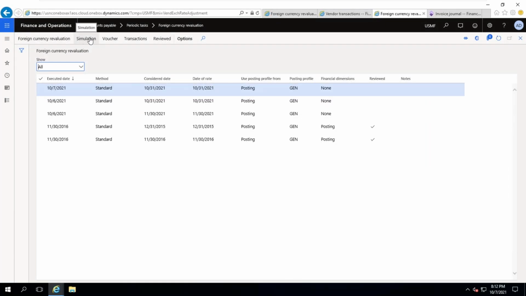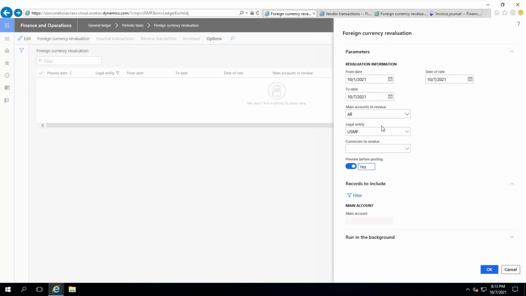Here it is simulation. Simulation means it's a kind of preview, so the wordings are a little bit changed. You can click on simulation. Simulation means without posting, you can view. In AP it is preview before posting.